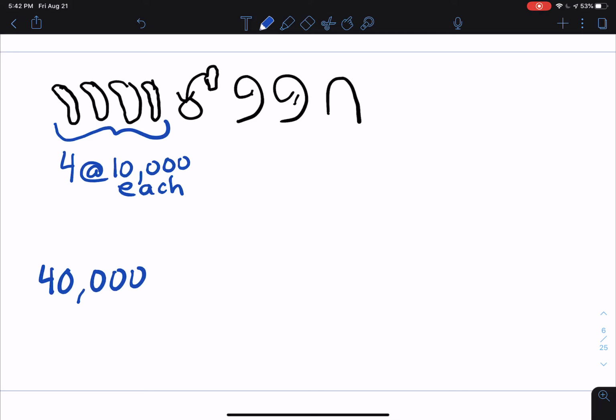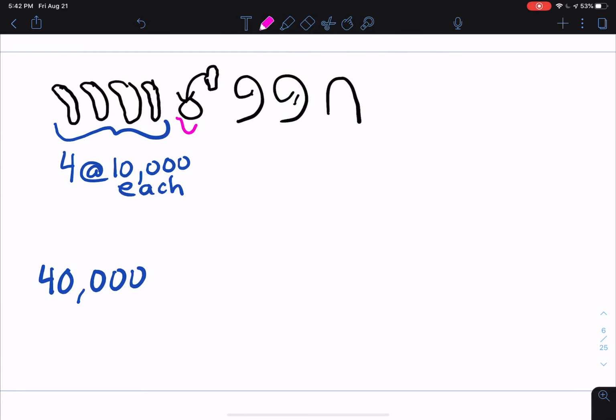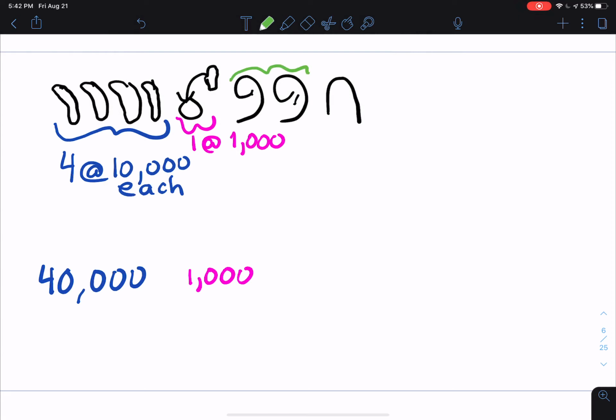Then for the lotus flower, I like changing colors. There's 1 of those. And remember, the lotus flower is 1,000. So there's only 1 of those at 1,000. So that's 1,000. And then we have the 2 coils at 100 each. So that's 200.